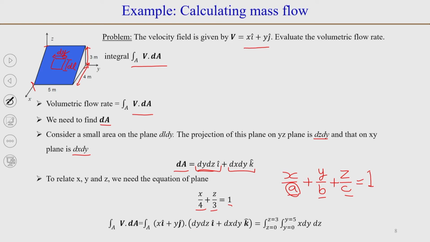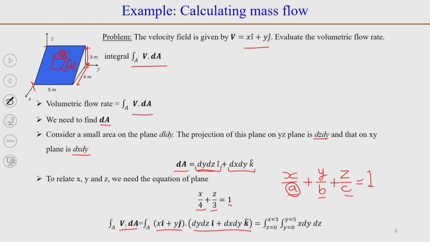Now, we can substitute the values in the integral of v dot dA. In place of v, we write x i plus y j, dot the area vector dy dz i plus dx dy k. When we take the dot product, i dot i is 1, i dot k is 0 because they are normal to each other, j dot i is 0, and j dot k is 0.